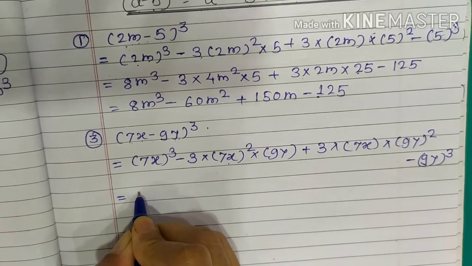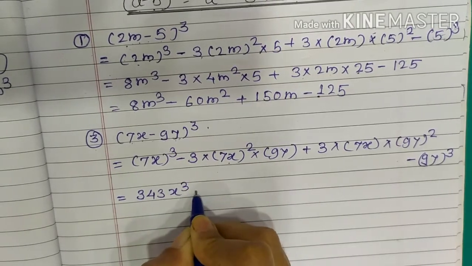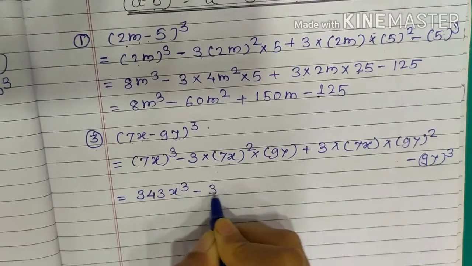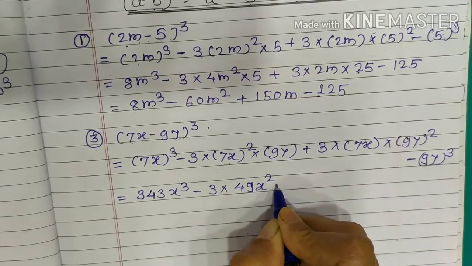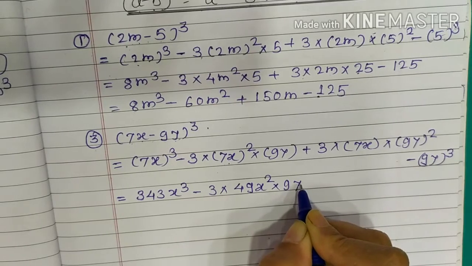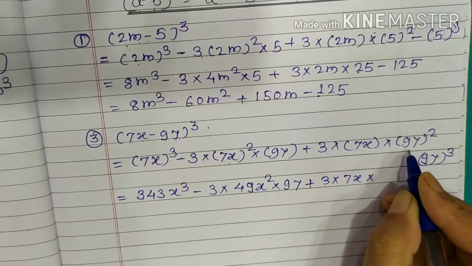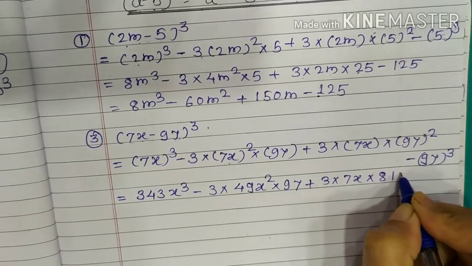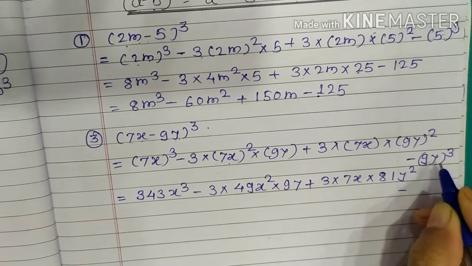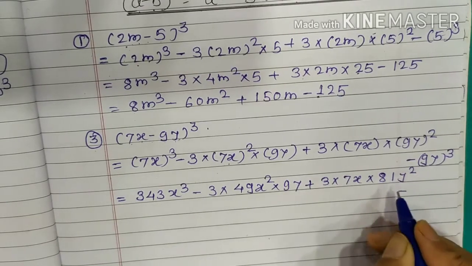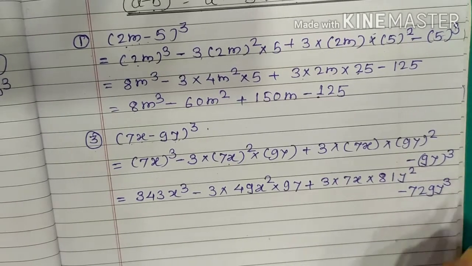That is cube of 7, 343, into x cube, minus 3 into square of 7, 49x square into 9y, plus 3 into 7x into square of 9, that is 81y square, minus cube of 9, that is 729y cube.